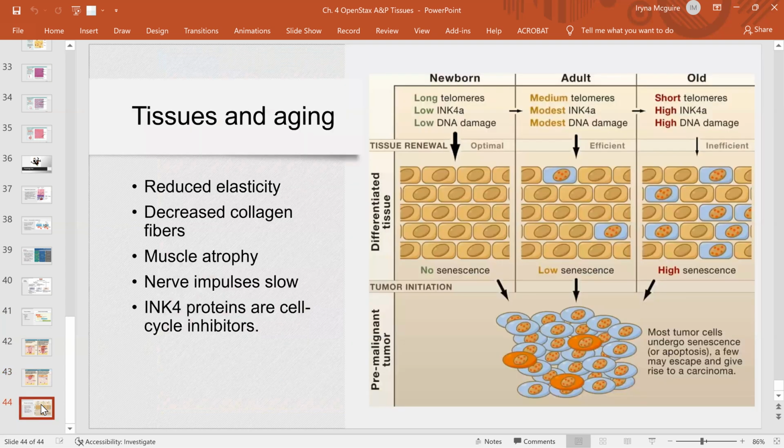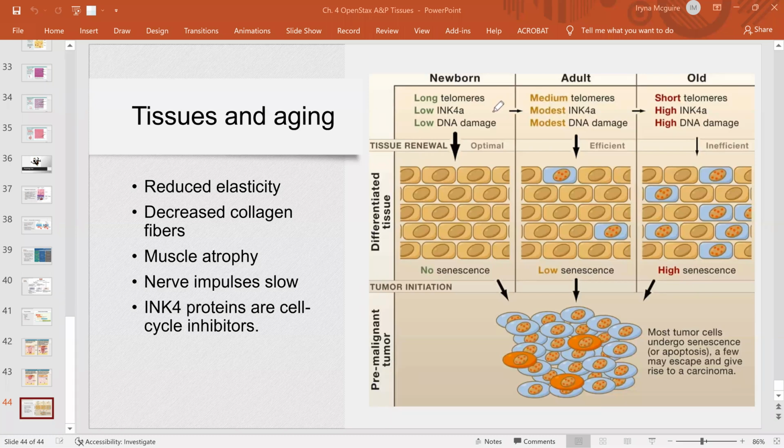Okay, and the last slide in this PowerPoint covers a little bit of tissue and aging. Now you can see tissue in a newborn, in an adult, and in an old patient here. So what we can see here.